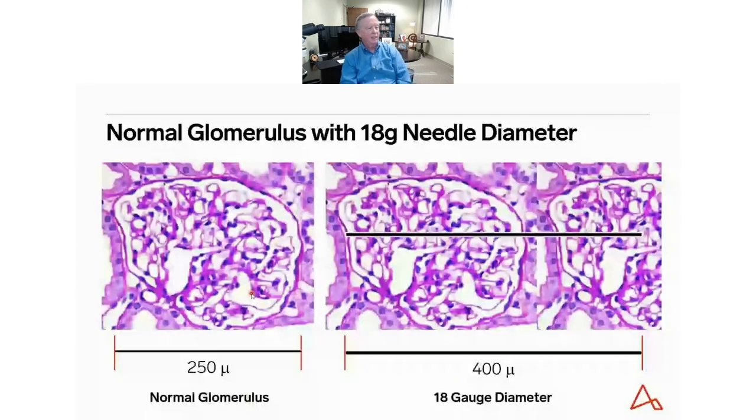So here's an 18 gauge compared to the 250 normal glomerulus. I put the line here and measured the 250. And you get, at best, if they were almost right on top of each other, 1.5 glomeruli in an 18 gauge. I'm going to keep demonstrating this to show you just how awful. Matt, this is key to your question. We'll get to that. They do 18 gauge biopsies.